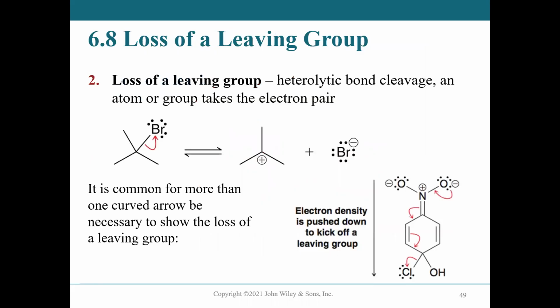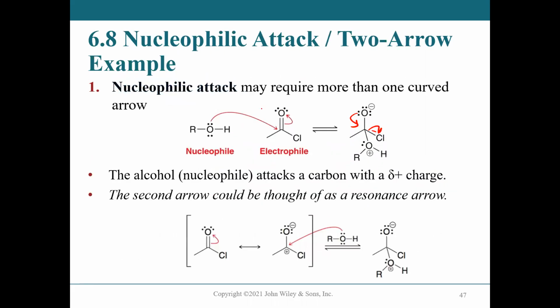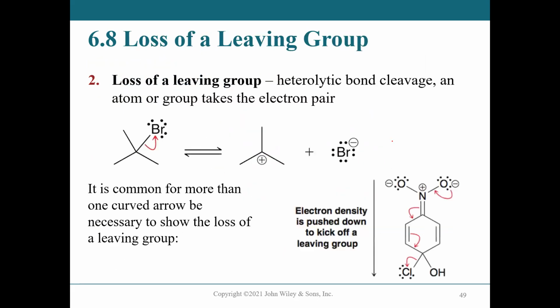Loss of a leaving group, I showed you that example right here where the chlorine is going to be a good leaving group. And they're just showing you another example right here where the bromine is going to be a good leaving group. And that's a heterolytic cleavage, so both electrons are going to the bromine. Remember, homolytic would just be one electron here and one electron here, but it's not a homolytic cleavage, it's a heterolytic cleavage.